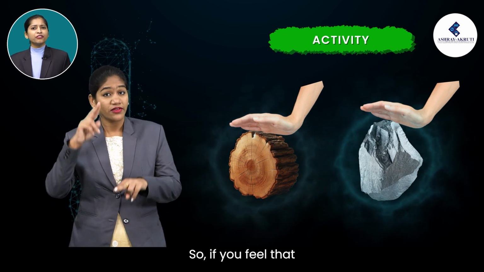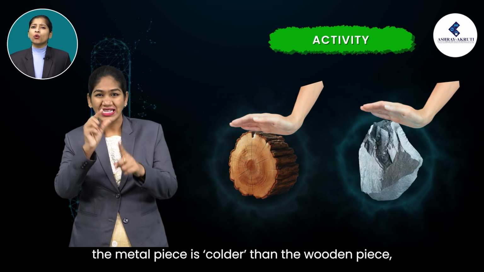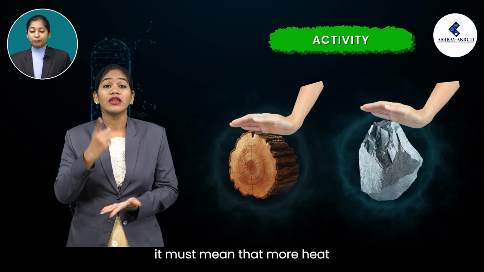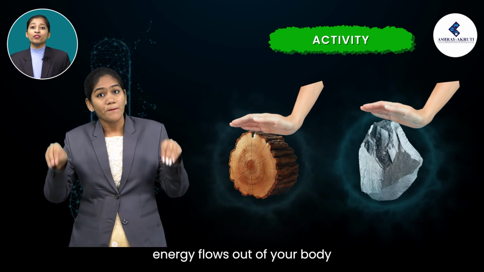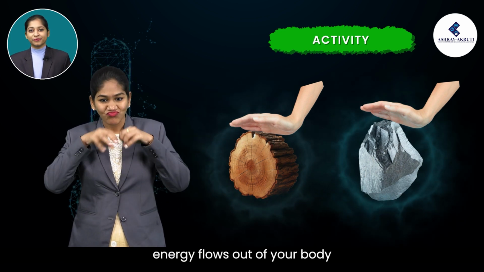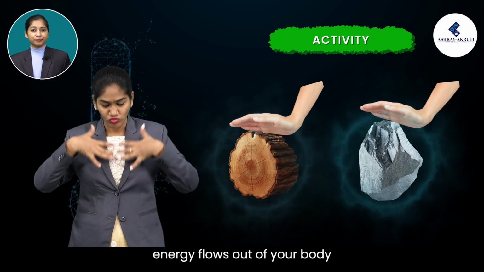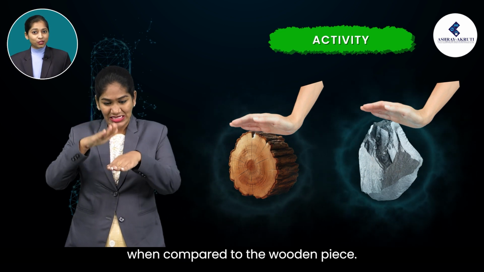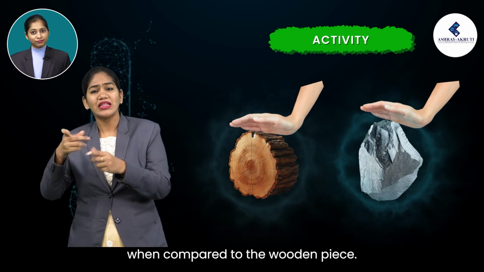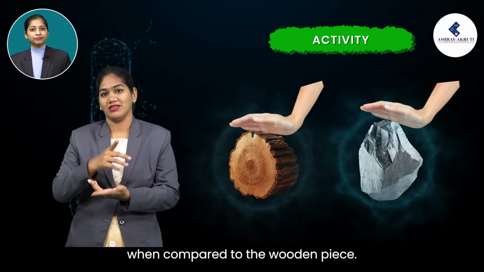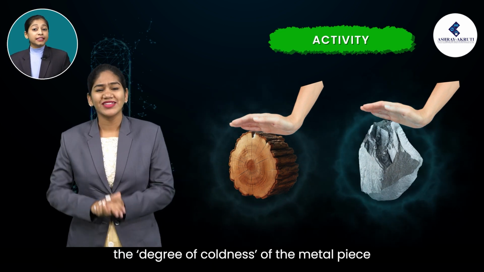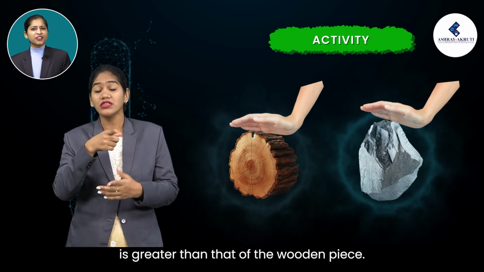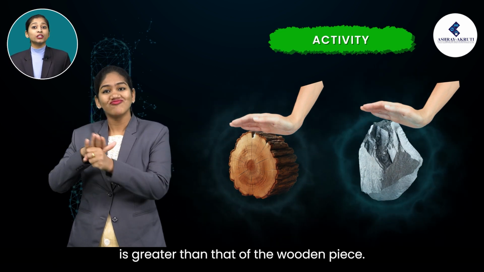So, if you feel that the metal piece is colder than the wooden piece, it must mean that more heat energy flows out of your body when you touch the metal piece when compared to the wooden piece. In other words, the degree of coldness of the metal piece is greater than that of the wooden piece.